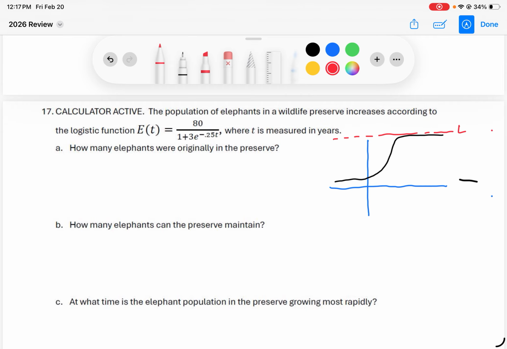We call that L. And if we have the differential equation, something like dE/dt is equal to some number, like 0.25 E times 1 minus E over, this one would be 80.